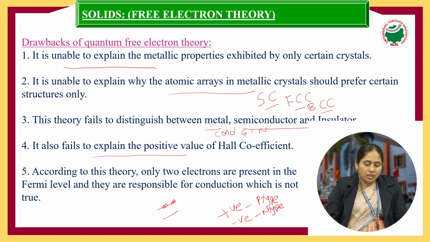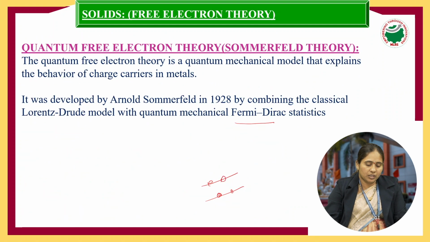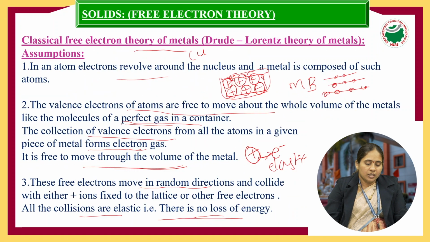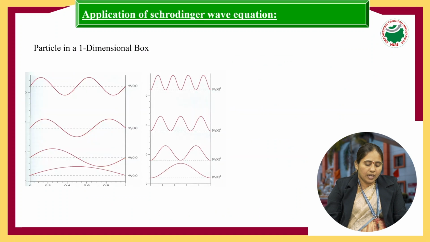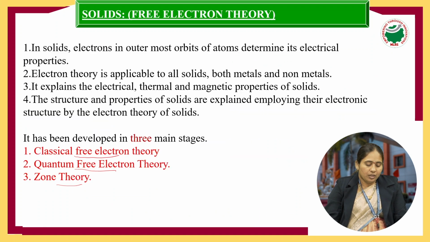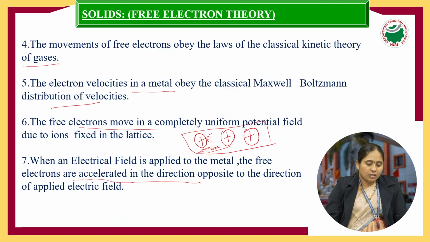So these are the three stages of the free electron theory. The first theory is the classical free electron theory. The second theory is the quantum free electron theory. The third theory is the zone theory. Each and every theory has its own assumptions, advantages and disadvantages.